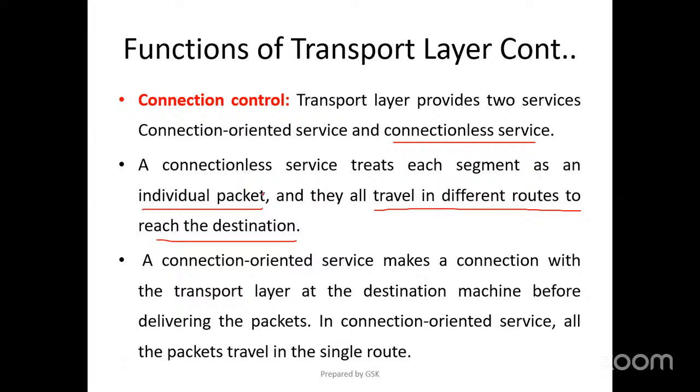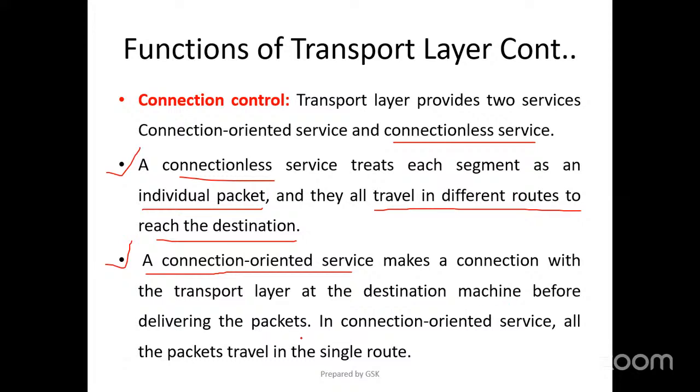In simple terms, connectionless is a wireless-style protocol. The first one is connectionless, that is UDP. Connection-oriented is TCP. In connection-oriented service, a connection is made with the transport layer at the destination machine before delivering the packets.